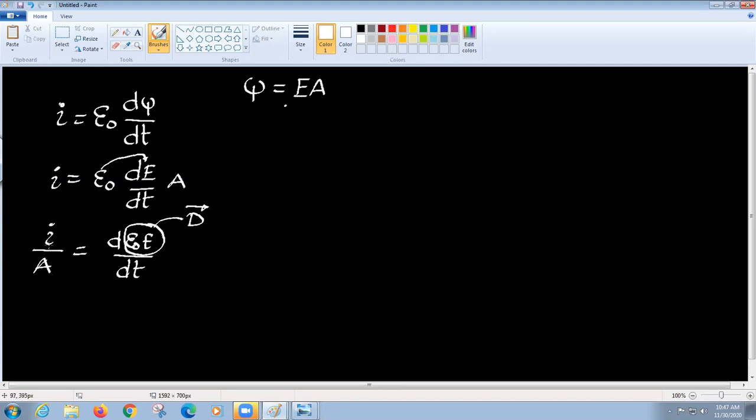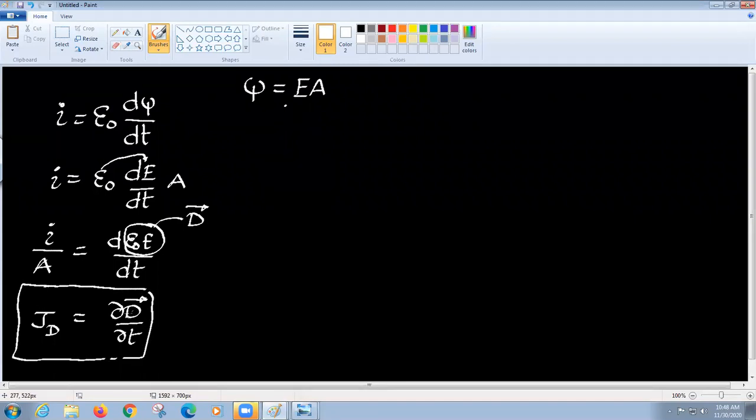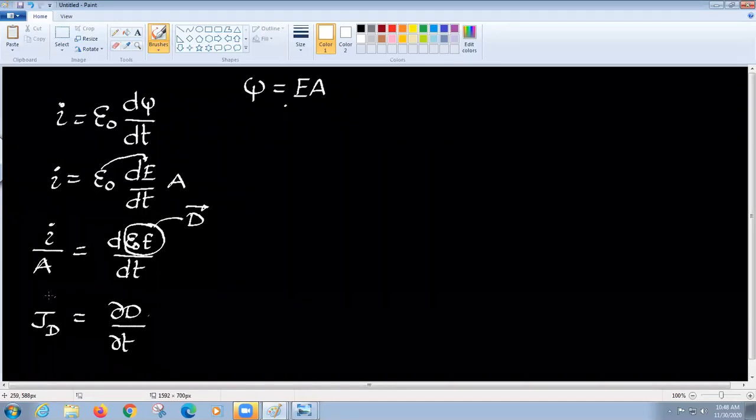And this is current over area, the current density, and I give a subscript D. So this is JD, and now this is dou D by dou T. That means Maxwell came forward and added this extra term. So JD is equal to dou D over dou T. That's it.